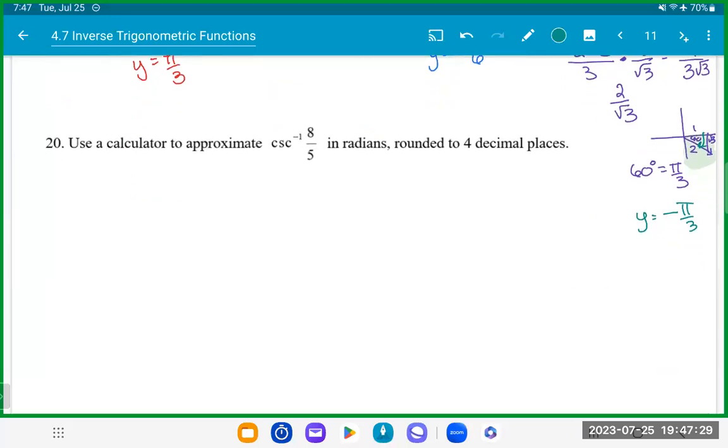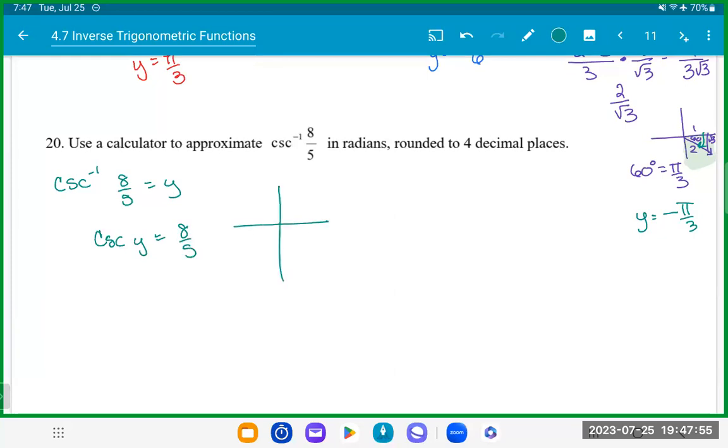All right, so the last problem that we have here is we want to use a calculator to approximate cosecant inverse of 8 over 5 in radians. And so we have the cosecant inverse of 8 over 5 equals y. We don't have a key for that, right? But this translates as cosecant of y is equal to 8 over 5.